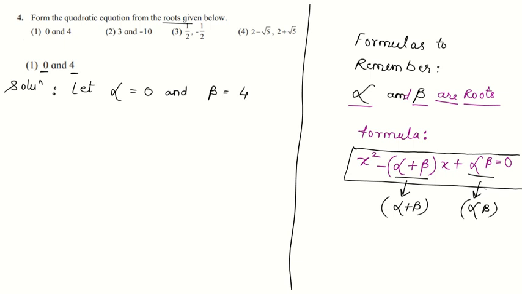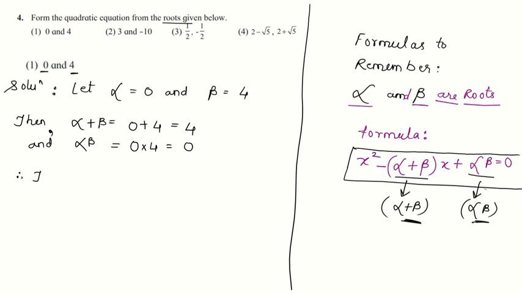As we need to find alpha plus beta and alpha into beta, let's solve this first. Alpha plus beta will be 0 plus 4, which is 4. We also need alpha into beta, that is 0 into 4, which is 0.